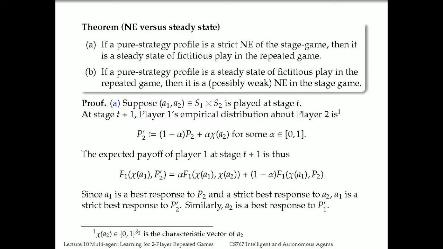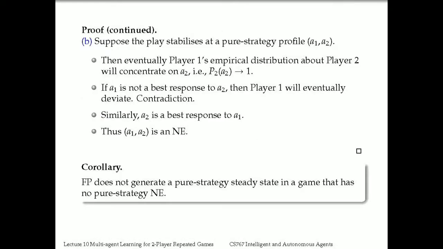Therefore, A1 is going to be a best response to the updated belief strategy P2 prime of player 2. That's from the point of view of A1, and similarly you can do exactly the same reasoning from the point of view of A2 to conclude that A2 is the best response to P1 prime.